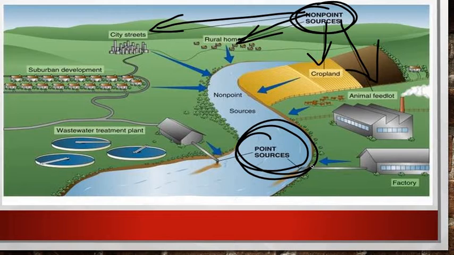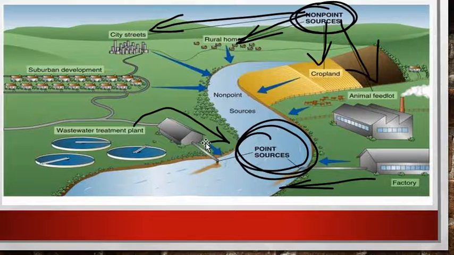So what is the point source? That is the waste which is discharged from the factory to the drainage system. And the second one is water waste treatment plants. It will also segregate in the grid system, that is the sewerage system. So it is called point sources.